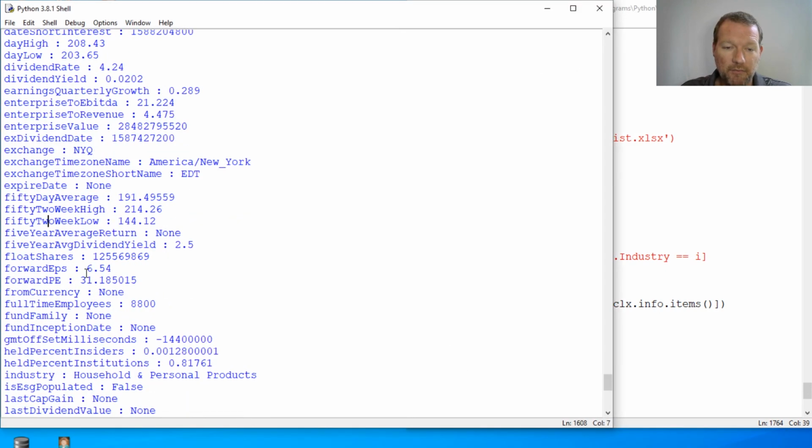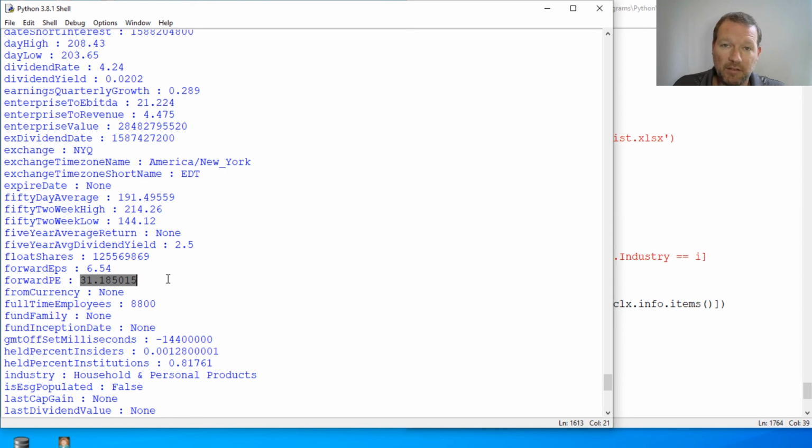So all right, forward PE and forward earnings per share. Earnings per share is pretty high, $6.54. But then if you look at the PE, the price per the earnings, this is also pretty high, 31 times.